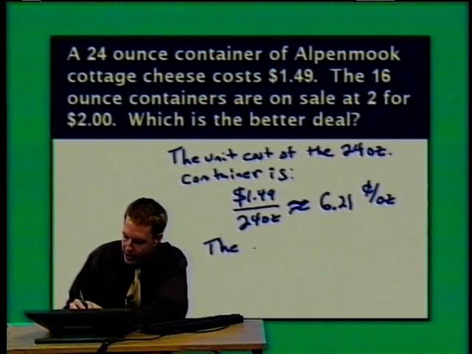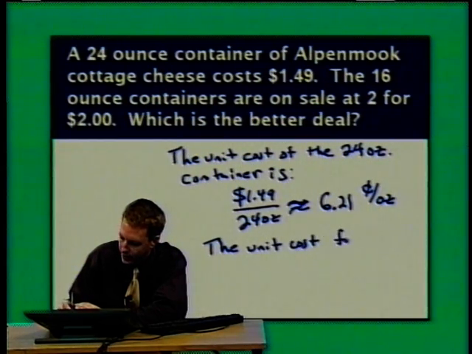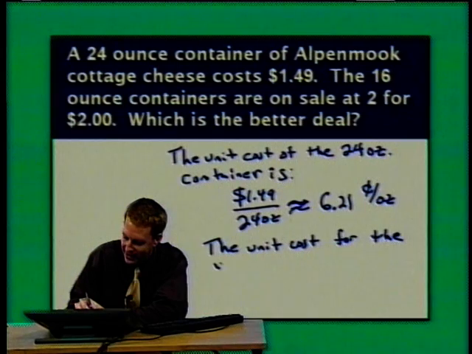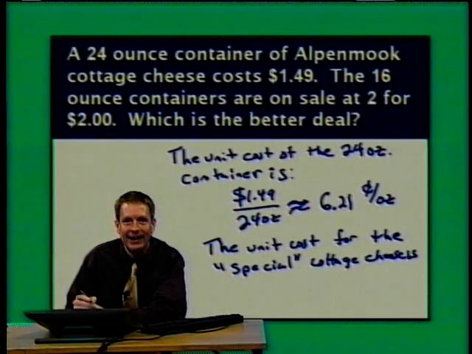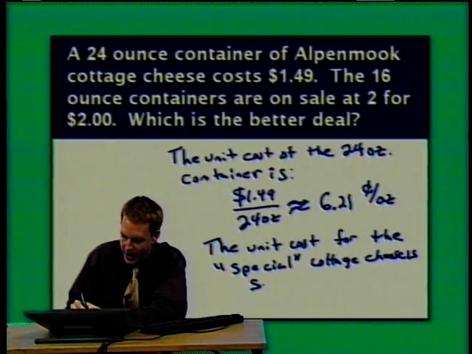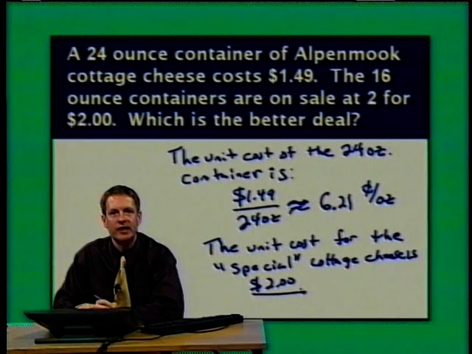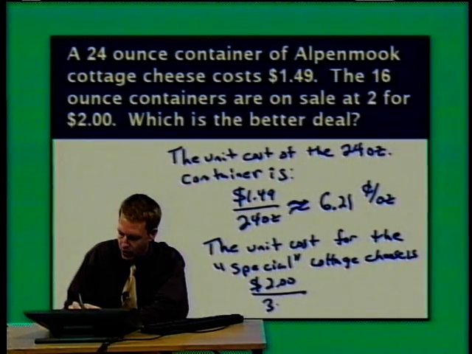So the unit cost for the special cottage cheese is, let's see, our total price was $2. We've got two 16-ounce containers, so that's a total of 32 ounces.